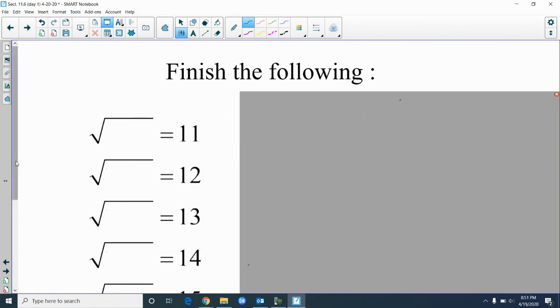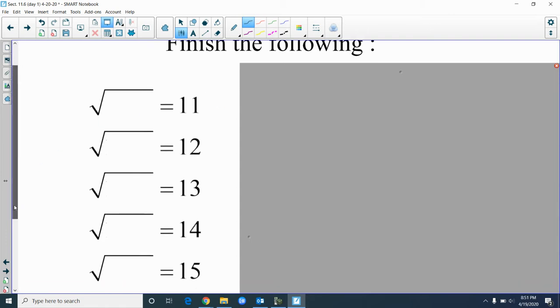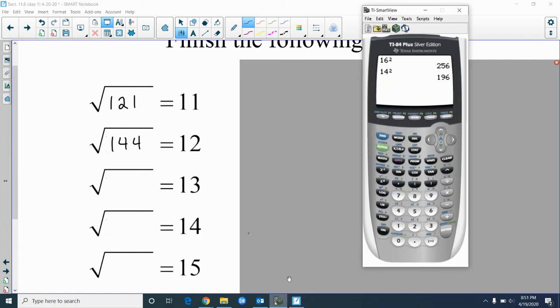So if you think about this, the square root of what is 11? You may not know that off the top of your head, but that is 121. Square root of what is 12? That's 144. Well, how do you figure out that number if you don't know it? Kind of go backwards. So if I want to know the square root of what number is 13, I go to my calculator and hit 13 squared, and that's 169.